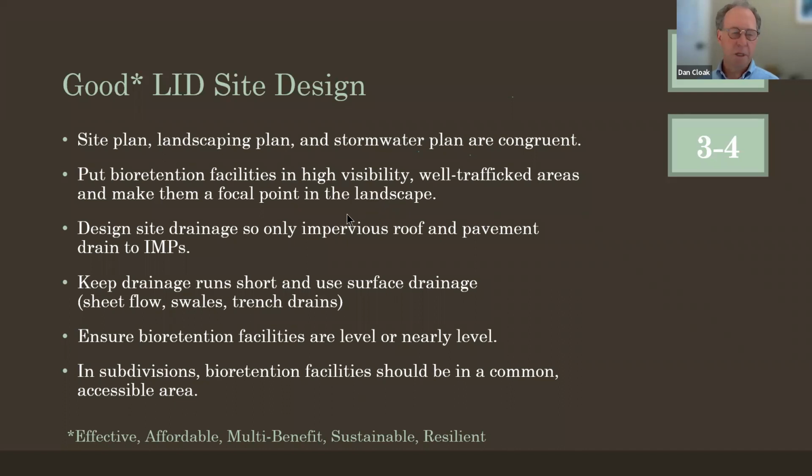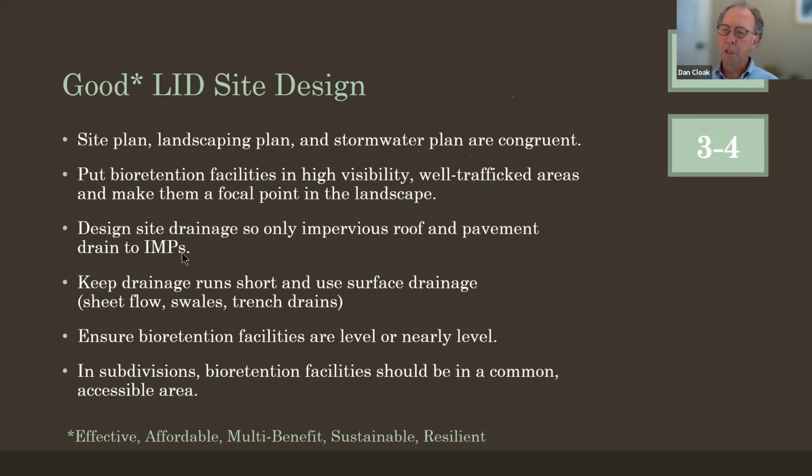If a facility is underground, if it's in the back of the development behind a fence, if it's something that people go around rather than stand next to, it just is not going to have the same likelihood of being cared for and retained and being there over the life of the project.